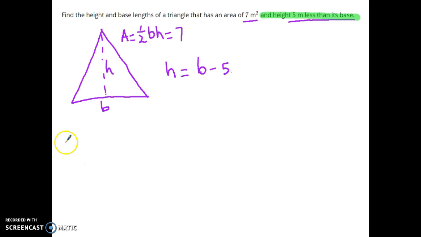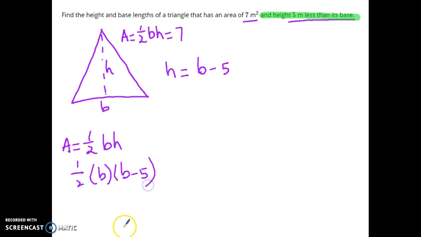Let's substitute in what we know. So the area, which is a half base times height, now becomes a half base times the height, which I know is b take 5, and that has to equal 7. This half here doesn't look very nice, so I'm going to get rid of it. I'm going to multiply everything by 2.